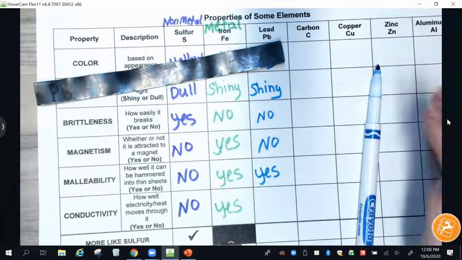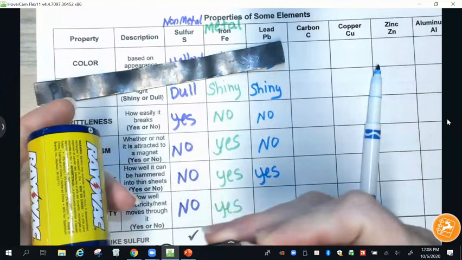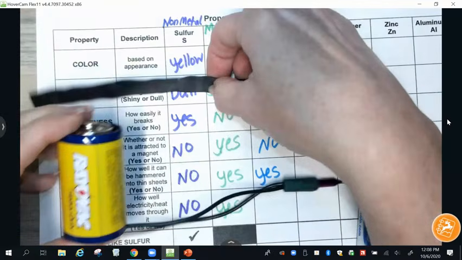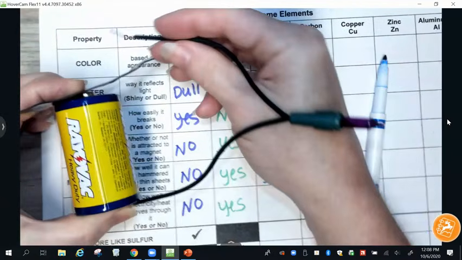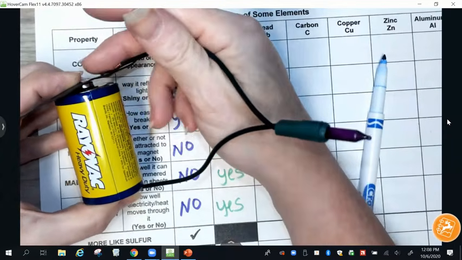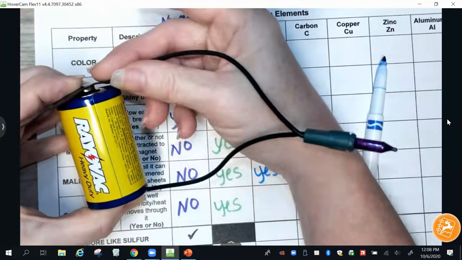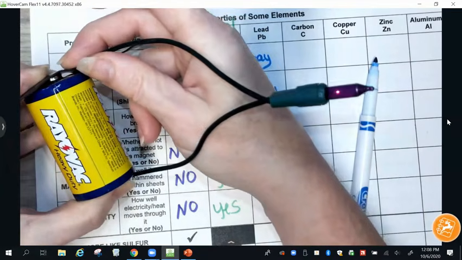Conductivity, we need to test it with the battery and the light, and we're going to see if it's going to light up the light bulb. Can we make a prediction? Okay, so watch the light. Yes, hang on, let's do it again. Sorry, it's hard to see with the glare of the camera, but look, can you see?